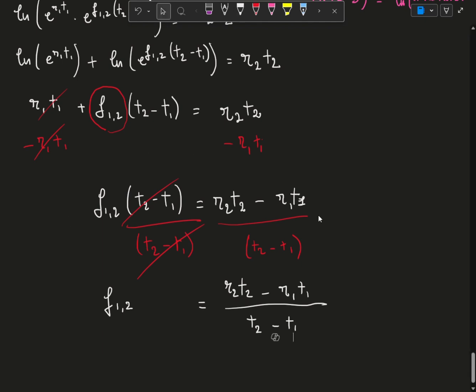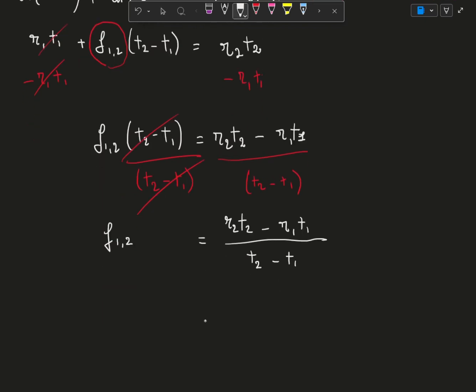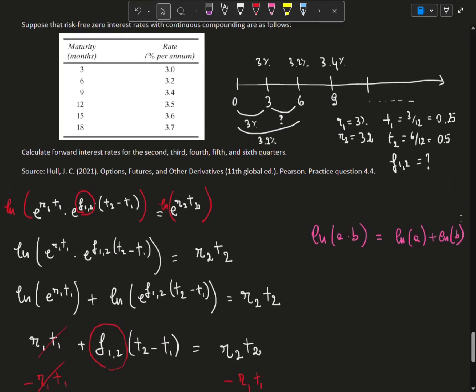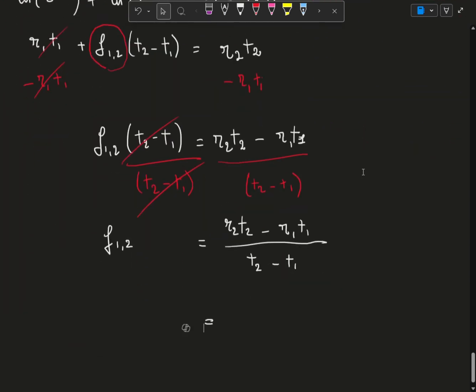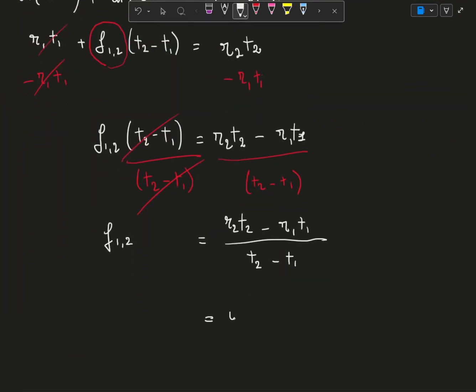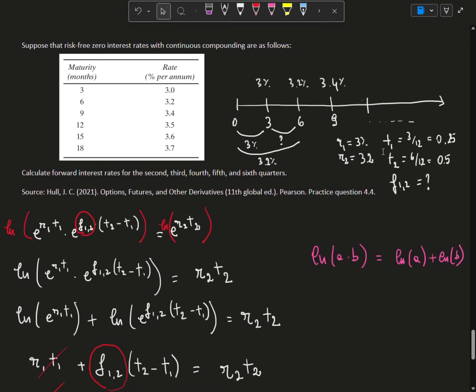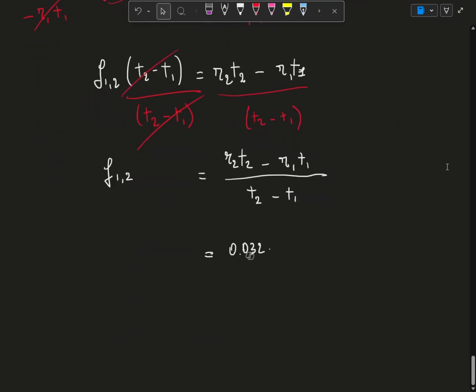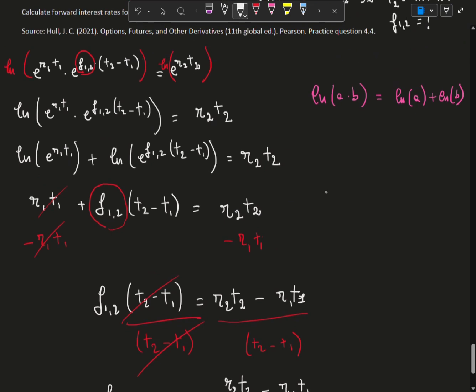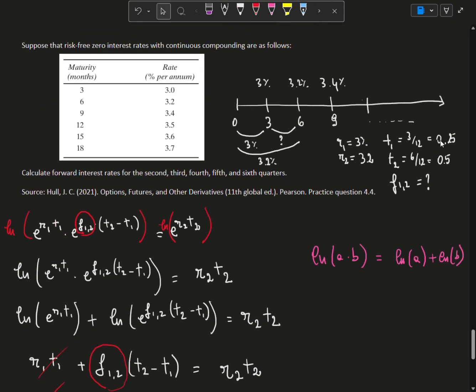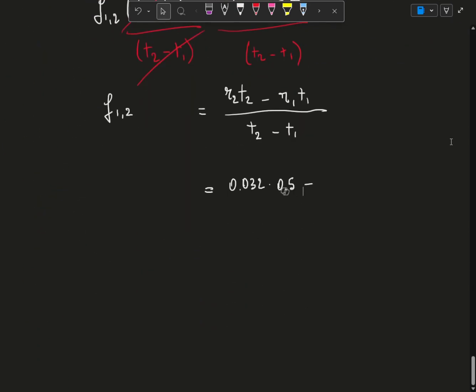So let's plug some numbers in. We know that R2 was 3.2% and T2 was 0.5, minus R1 and T1. R1 was 3% and T1 was 0.25.